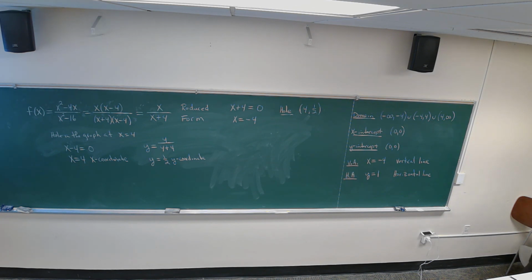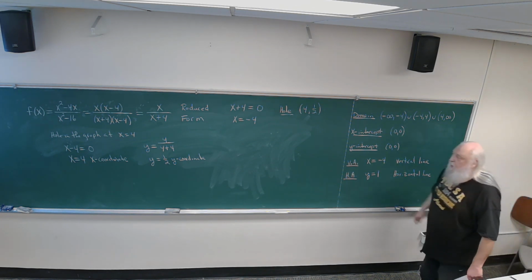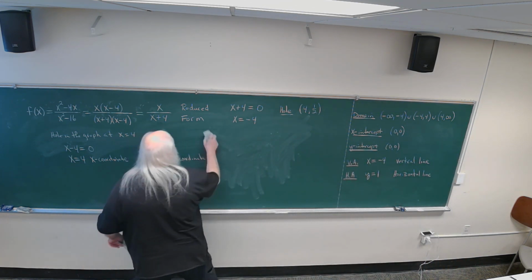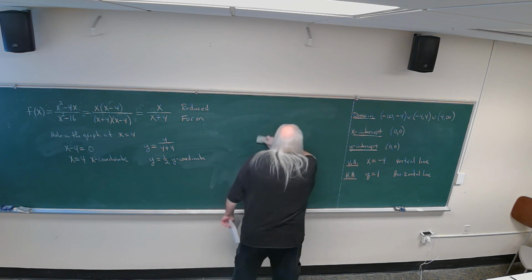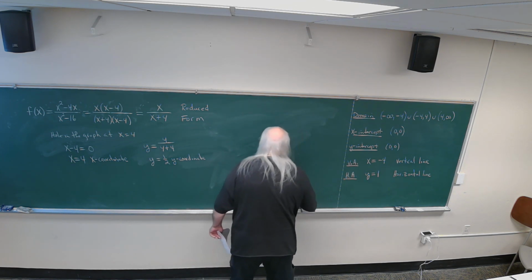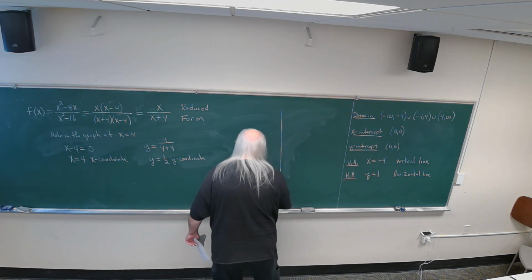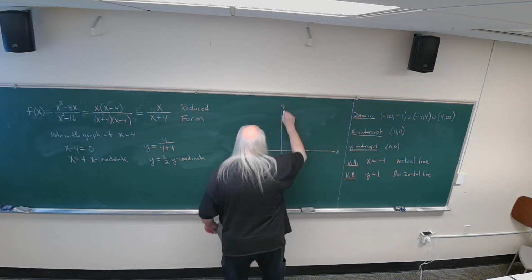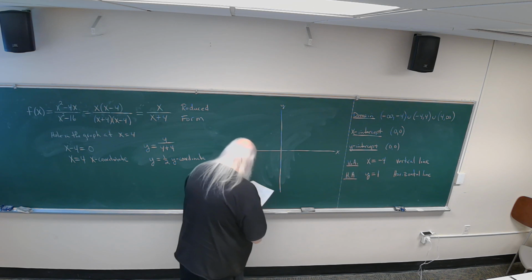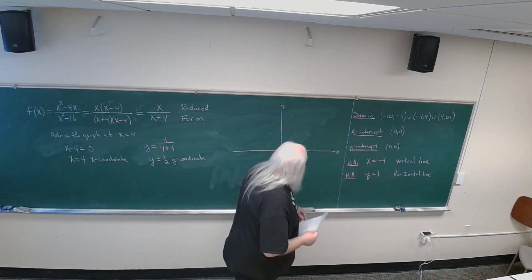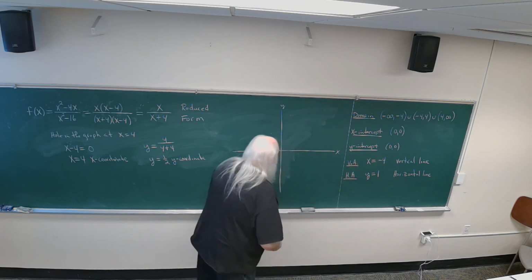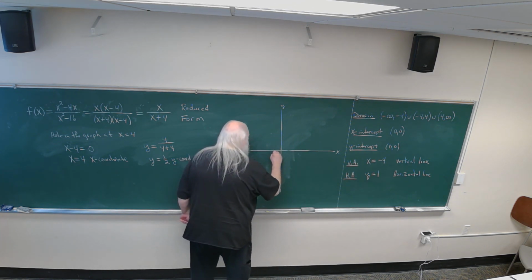And now we have all the information we need to graph this rational function. So I have provided you with a grid. Here's the coordinate plane, and the vertical line x equals -4 is a vertical asymptote.